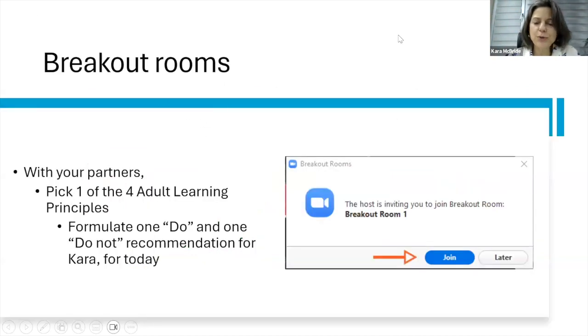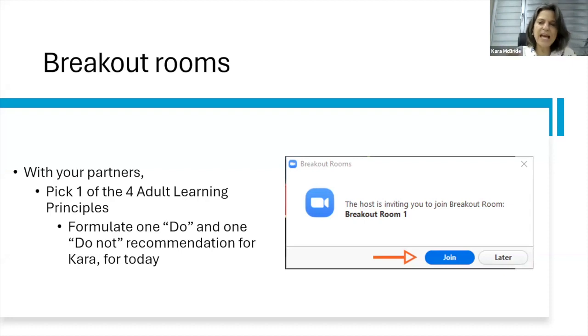In your breakout rooms, I would like you to pick one of these principles and create a do for me, for Kara, and say, well, Kara, if you want to have a successful workshop tonight, you should do this. That's the do.